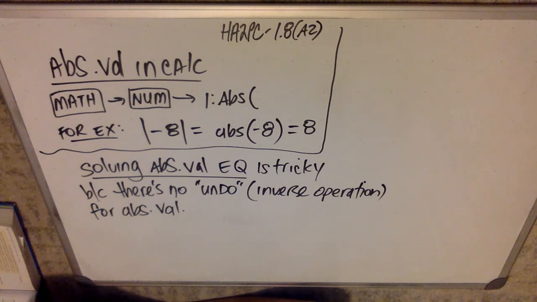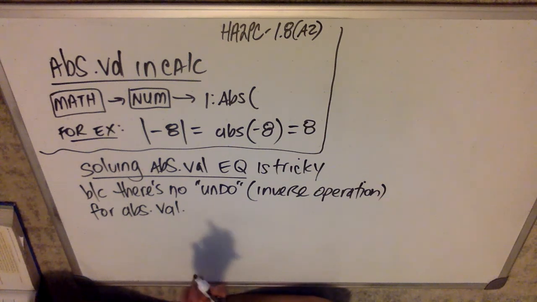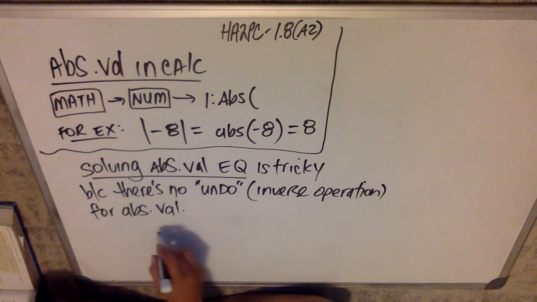Because that's tricky, what we have to do is essentially solve down to the absolute value and then use sort of a trick to solve. So let's think about how to talk about this.